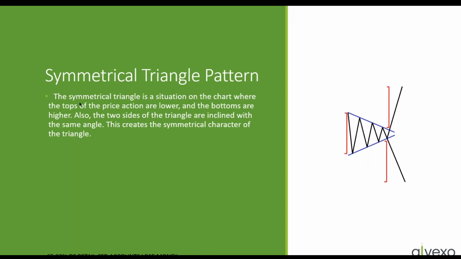And now, as you see here, we've taken the base of this triangle, in this case, it's a symmetrical triangle, and we dropped on the estimated target zone. But until we see whether price breaks up or down, doesn't help.